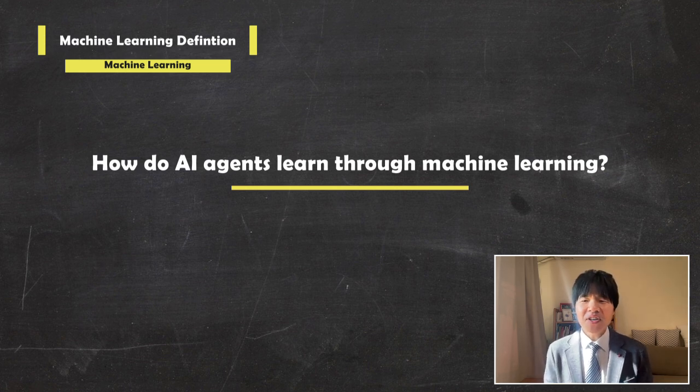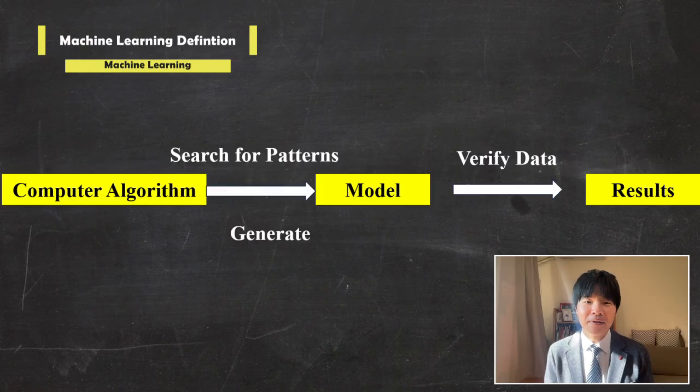So, how do agents actually learn through machine learning? Put simply, our computers use an algorithm to discover and learn the laws contained in historical data, thereby generating corresponding models.